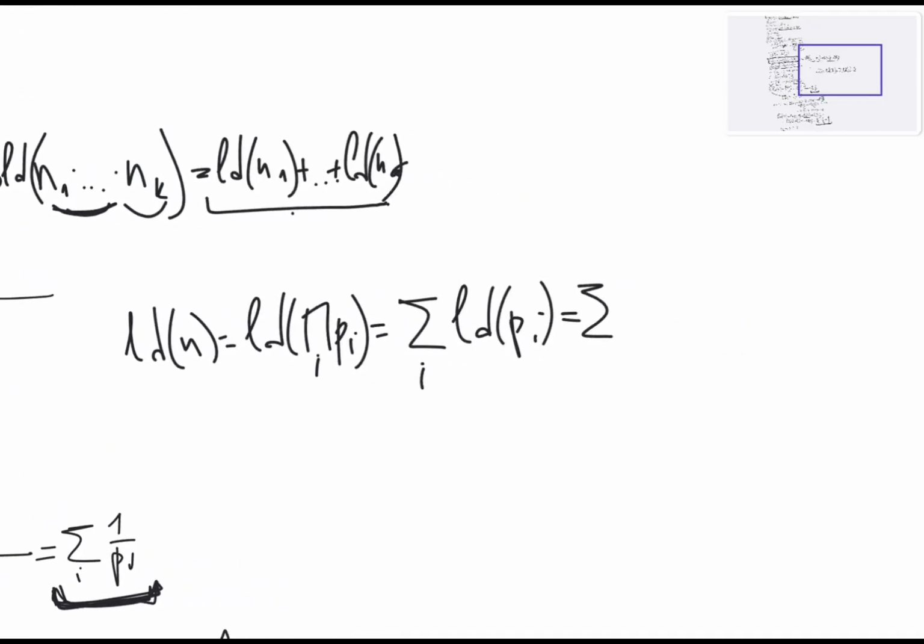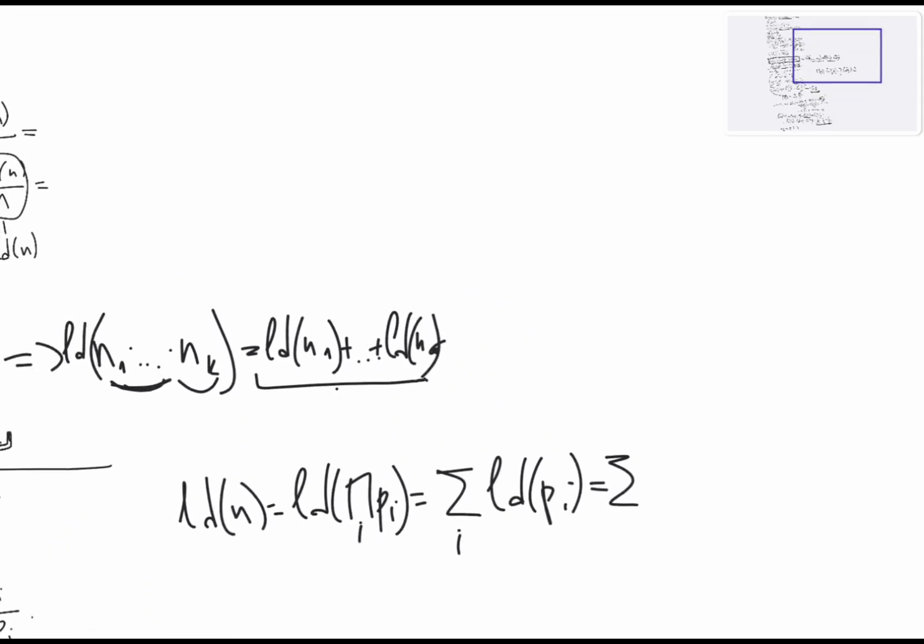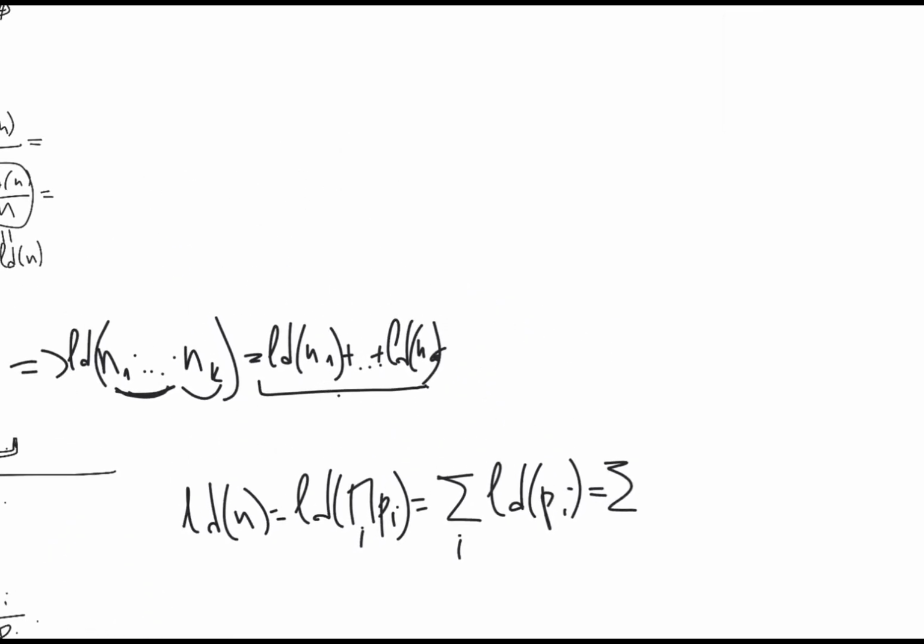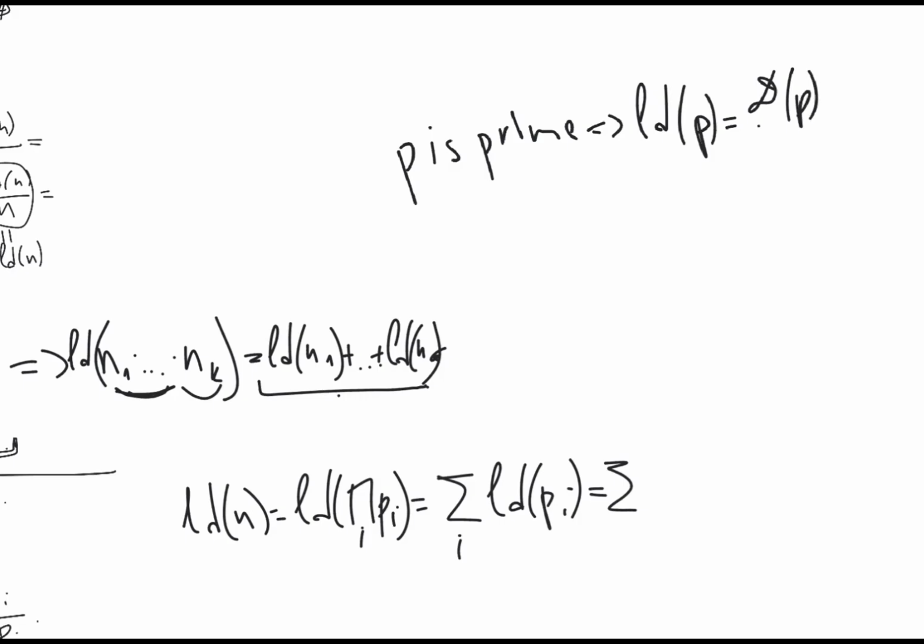Well, because, let's write here, if p is prime, then the logarithmic derivative of p is equal to d of p over p, and d of p is equal to 1.